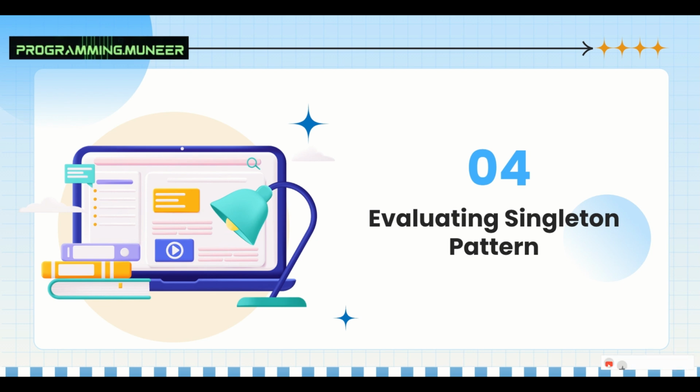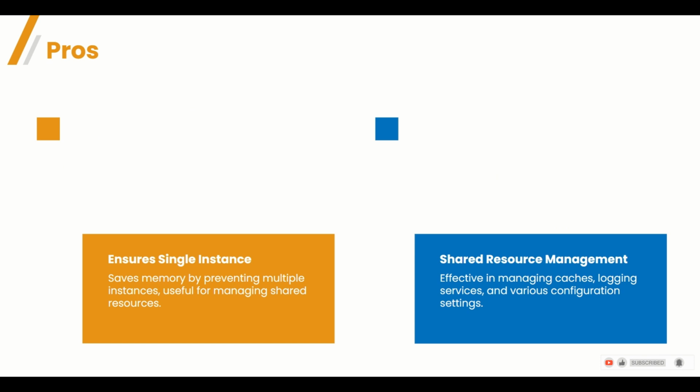Now we are going to evaluate the singleton pattern pros and cons. The pros, as we discussed: it ensures a single instance, meaning that we save memory by preventing multiple instances, and it is useful for managing shared resources. In shared resource management, this is quite effective for managing caches, logging services, and various configuration settings.